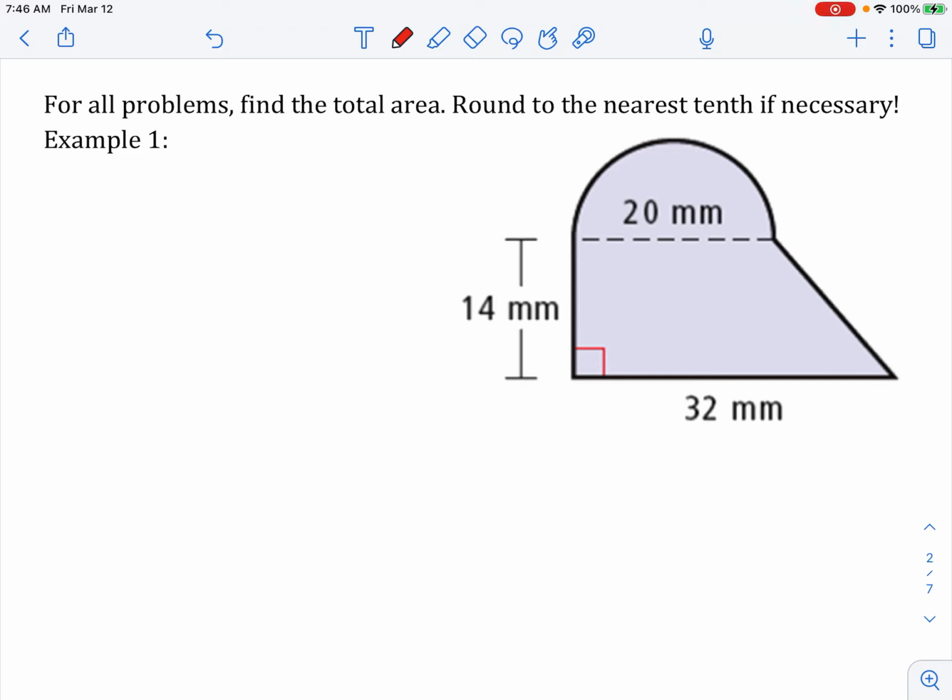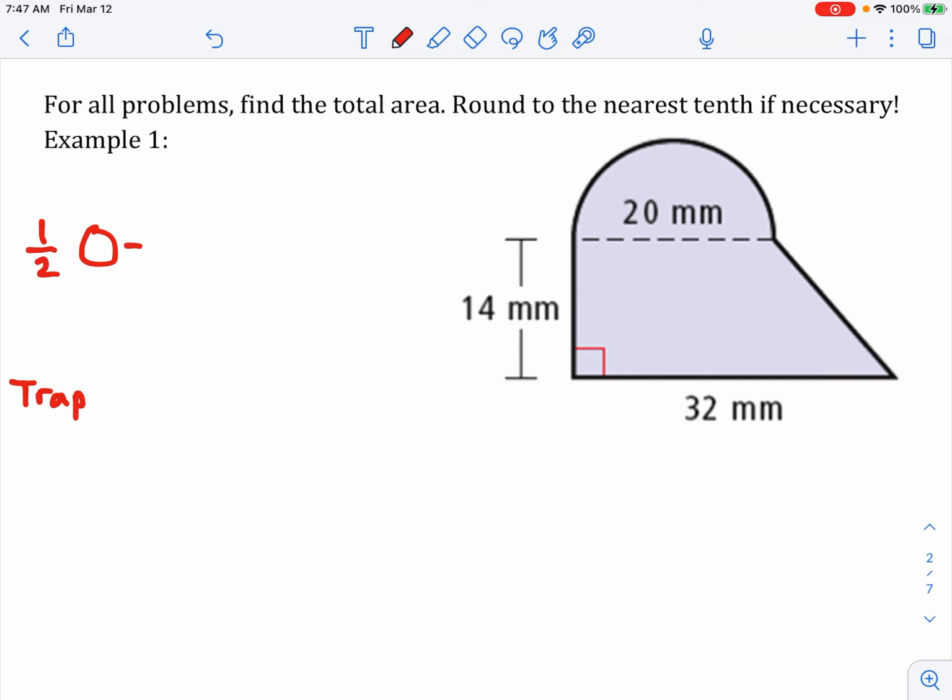So you can technically break this into a trapezoid and that, or we can technically break it into a triangle, a rectangle, and a circle. I'm going to look at it as two shapes. I see a half circle up top, and my other picture is a trapezoid.